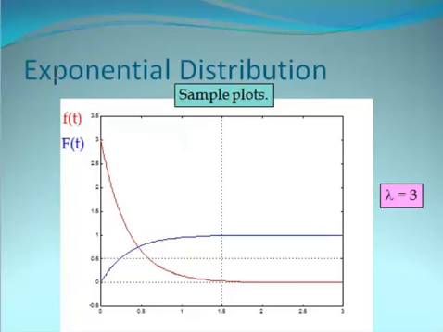Here's a little sample plot of an exponential distribution. Here's our probability density function in red. As we integrate it, we get this blue, and you can see that as we integrate and get more and more of the function, we get closer and closer to 1.